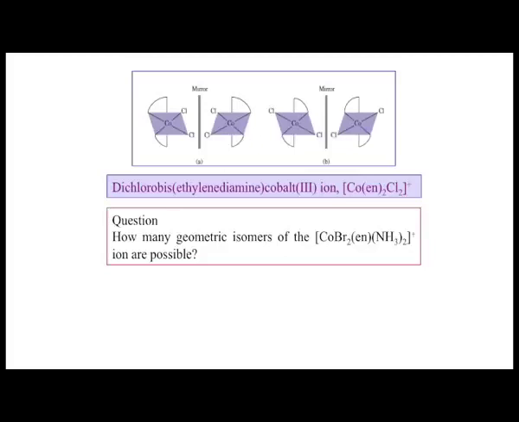We just see the positioning of these groups, because this is nitrogen, this is also nitrogen. So, four of the positions around cobalt will be occupied by nitrogen donors of different origin. One is coming from ammonia and the other type is coming from ethylenediamine.